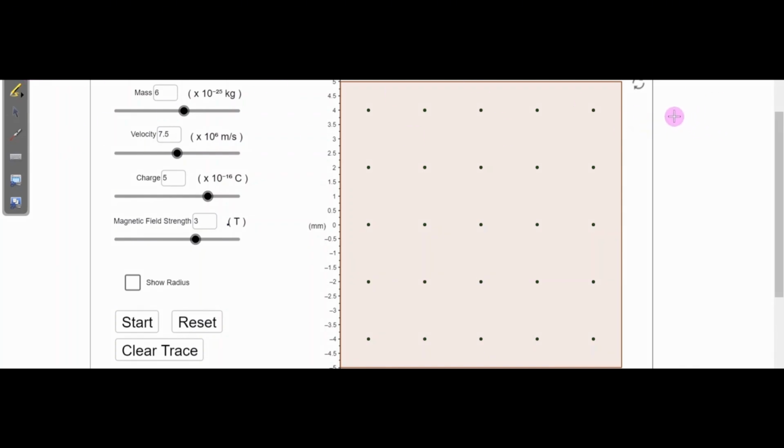So let's say we have the charge, and we move that in the external magnetic field, and that charge is moving with velocity v. We have this charge as a single free electron that is moving with velocity v in the external magnetic field. Then there will be a force exerted on that.